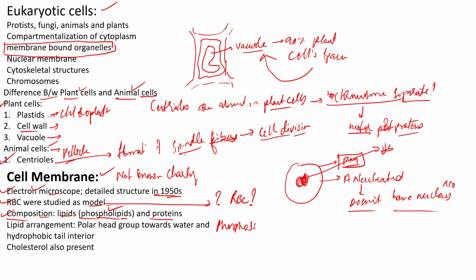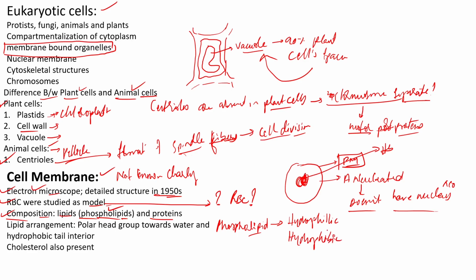It is an important constituent of the membrane to discuss. The phospholipid is a very interesting molecule. Why? Because the phospholipid has both a hydrophilic property and also a hydrophobic property.